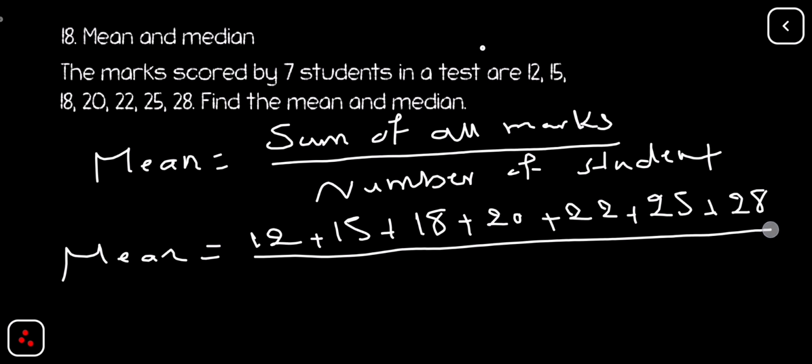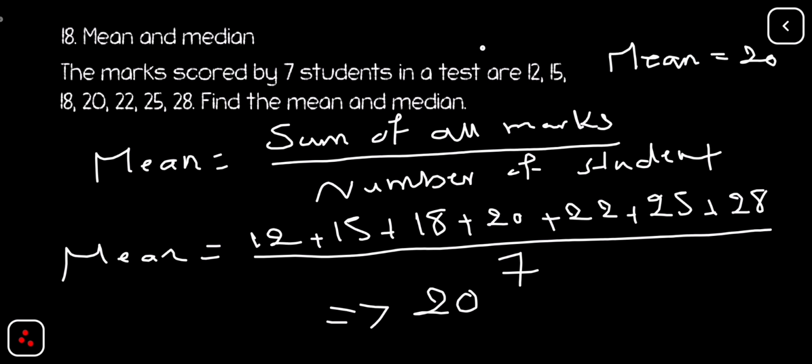It should be divided by the number of students, which is 7. The answer is 20. So we find that the mean is equal to 20.